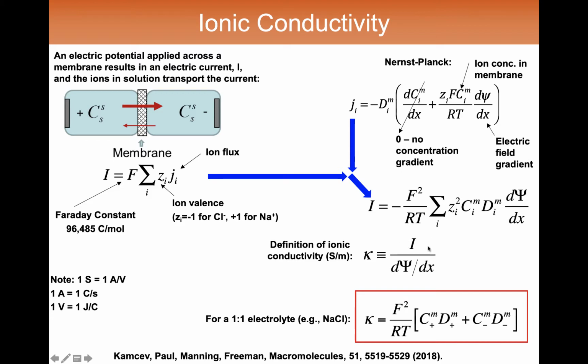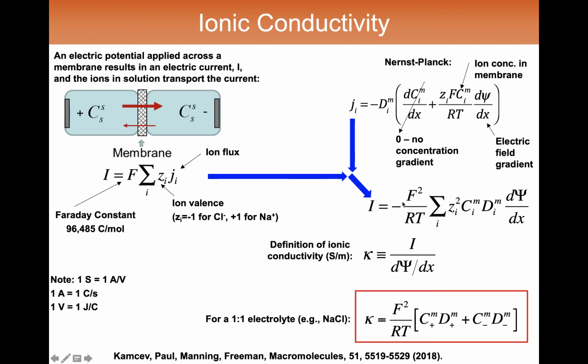So this is the number of ions that can be moved per unit membrane area per unit time. That'll be the ion current. And that normalized by the driving force, which is the electric potential difference per unit thickness of membrane, is the definition of the ionic conductivity.